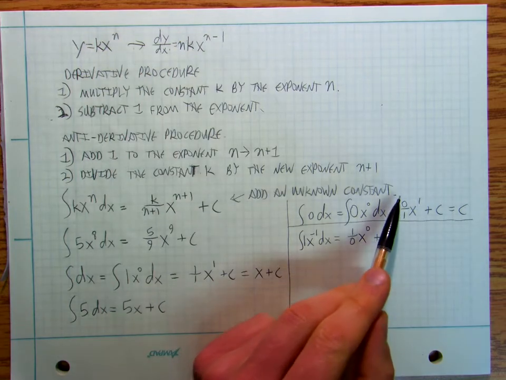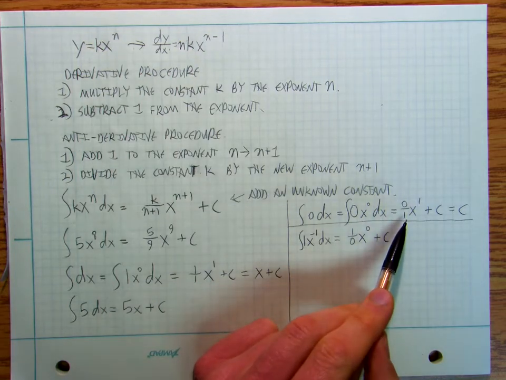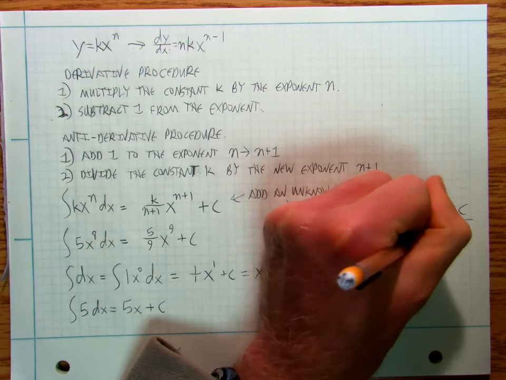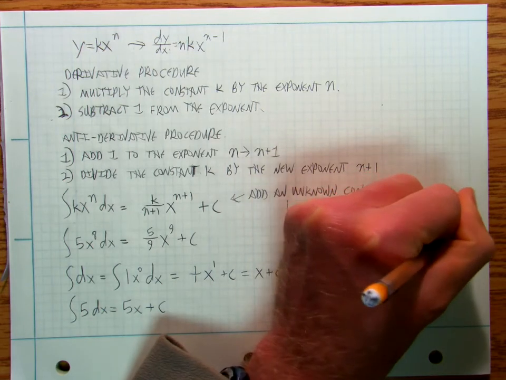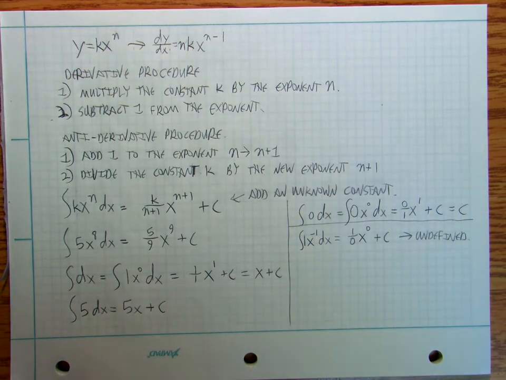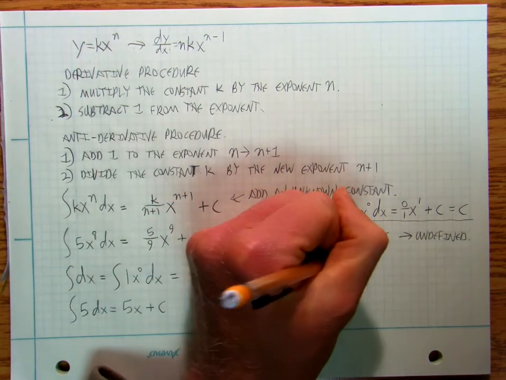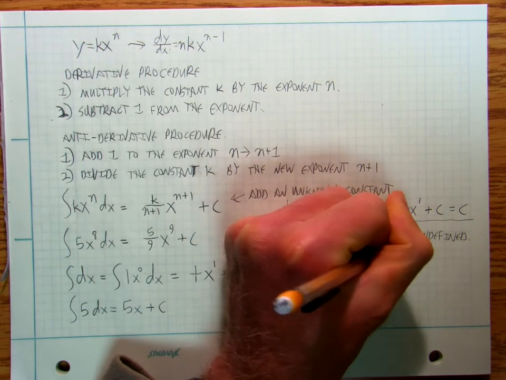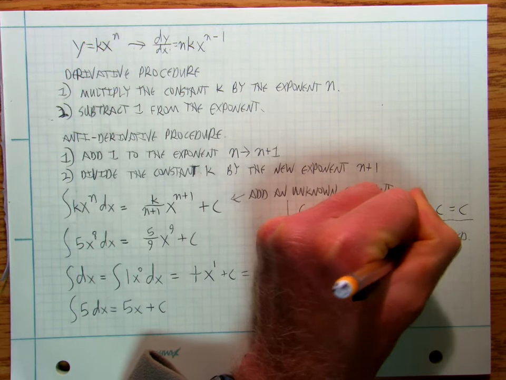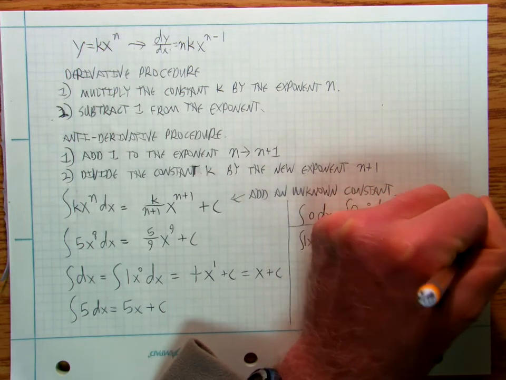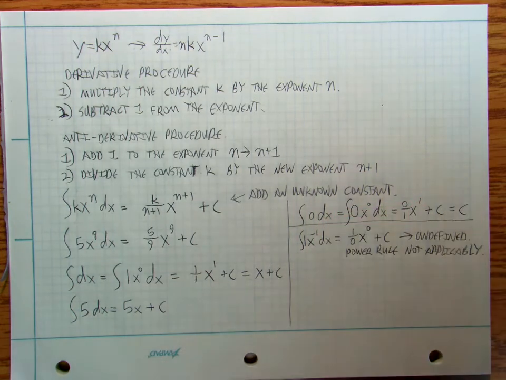That's tough. I've got 0 divided by 1, which is 0, but 1 divided by 0 is undefined. So in this case, the power rule is not applicable.